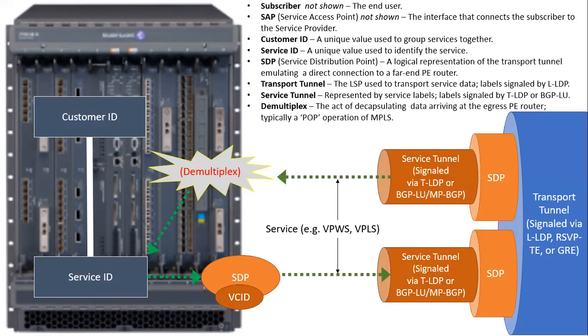That provider edge router demultiplexes that packet by removing the transport label, exposing the service label. It then demultiplexes that service label, or pops that service label off, then multiplexes the VLAN tag if applicable, as well as a frame check sequence for egressing that datagram onto the customer.